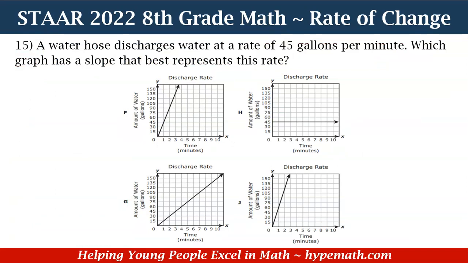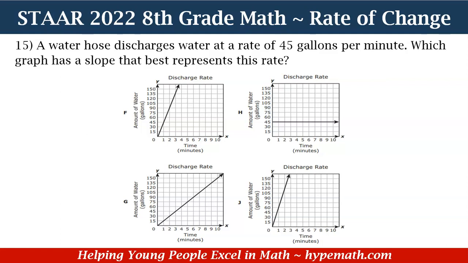A water hose discharges water at the rate of 45 gallons per minute. Which graph has a slope that best represents this rate? Is it F? Okay, well, looking at F, we see that we have for our x-axis time in minutes, and it is counting by ones.